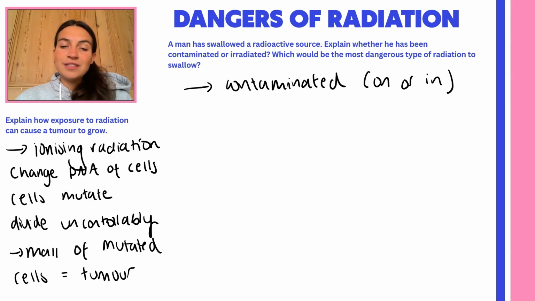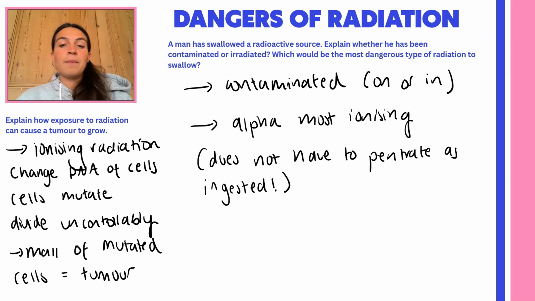The most dangerous type of radiation, if you've swallowed it, would be alpha, because it is the most ionizing, and that's all that matters here. The most ionizing will be the most dangerous, and since it's inside him and doesn't need to penetrate the air or his skin to get to him, it doesn't matter that alpha is the least penetrating. It will be the most dangerous in this scenario.